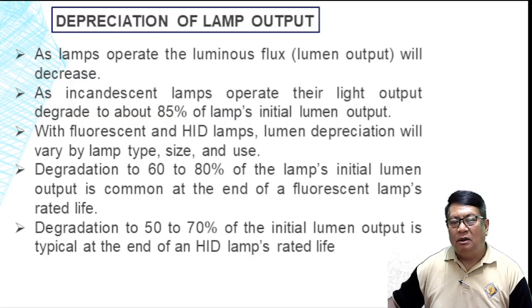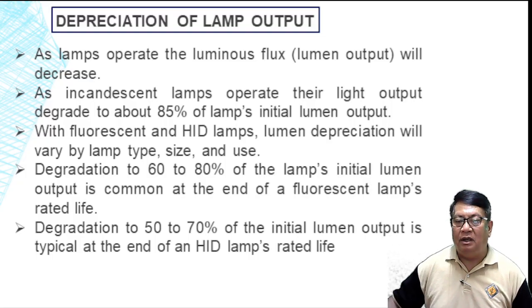As an incandescent lamp operates, its light output degrades to about 85% of the lamp's initial lumen output, so the lighting also will decrease. With fluorescent and HID lamps, the lumen depreciation will vary by lamp type, size, and use. So we should also consider the depreciation of the lamp light.